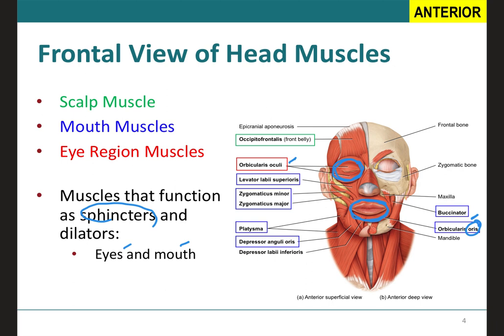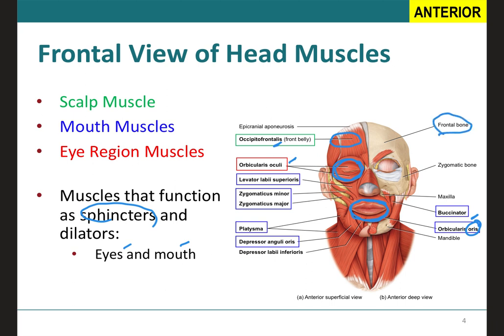Then we come to the occipitofrontalis, which is sort of an unusual muscle in this group because it is made up of two parts. There's the anterior part, which is this one right over here, called the frontal belly or the frontalis, which is just superficial to the frontal bone, as we can see right over here.